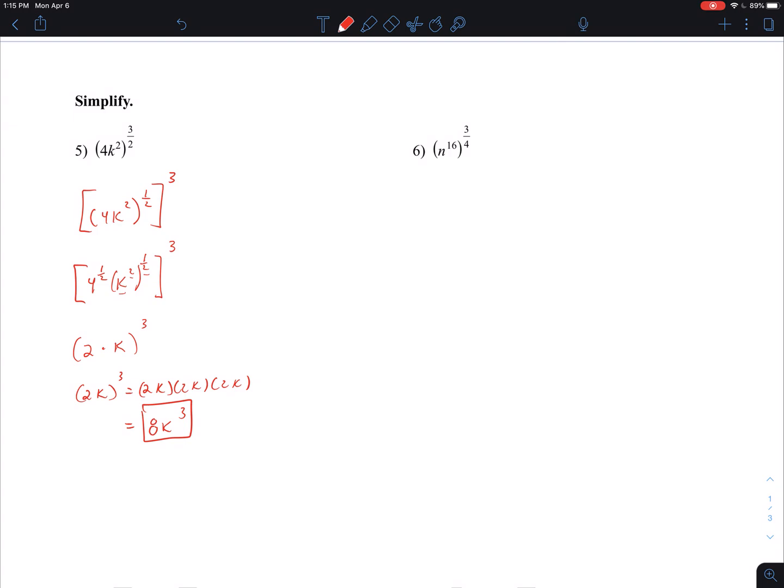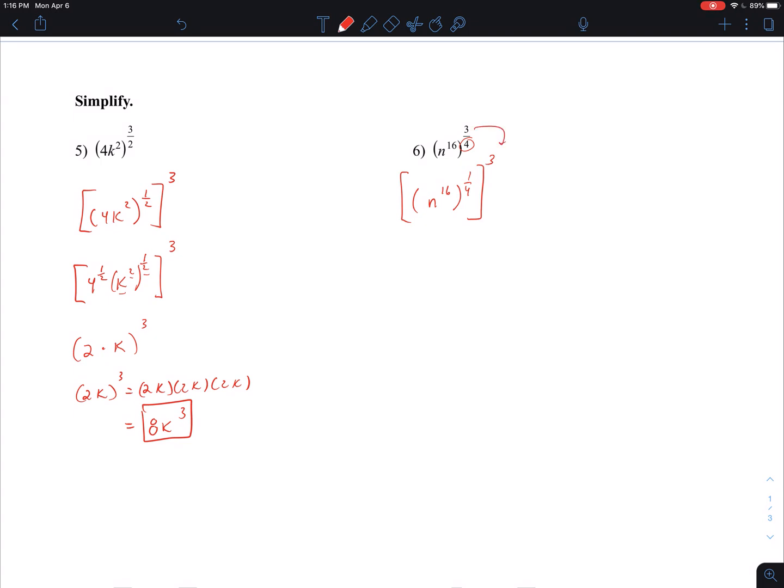All right, next one we're going to break down the same way. So this is n to the 16th power, and we're going to raise all that to the 1/4, right? Because that's our denominator, that's our index number, and we're going to raise all of that to the multiple that we're doing.